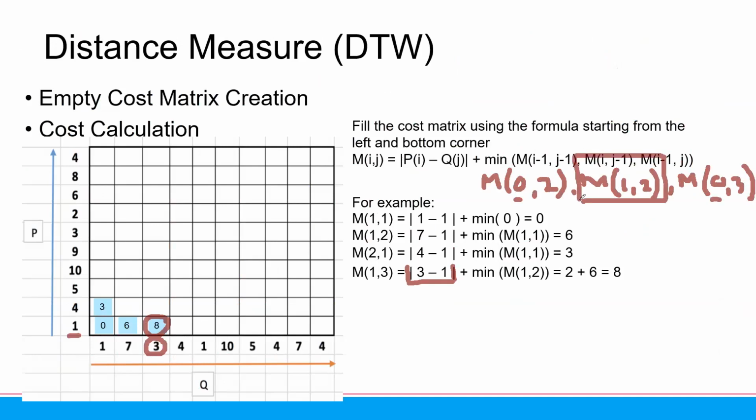What is M1,2? The result is 6. Then we have the result from this subtraction, which is 2, plus the minimum, which is 6. Then M1,3 is 8.